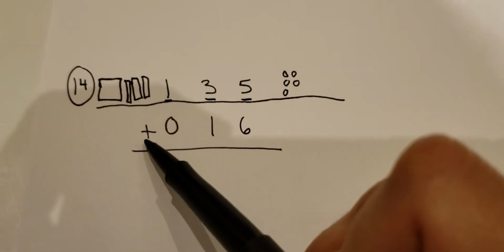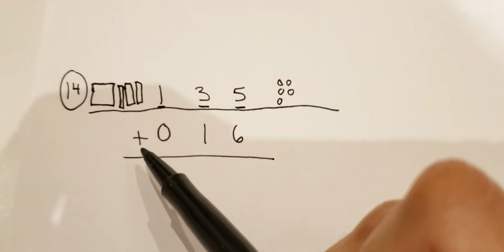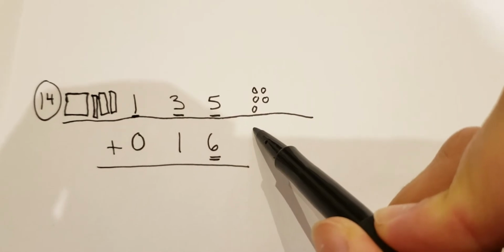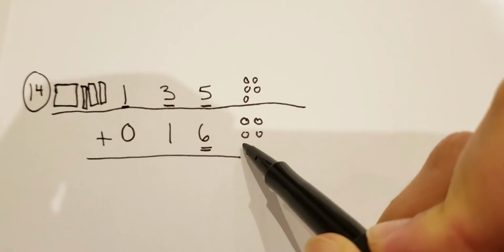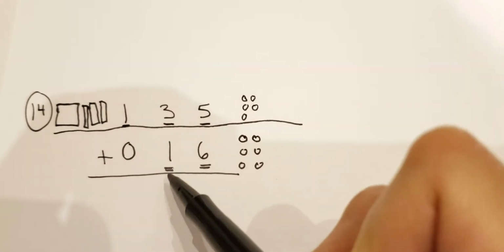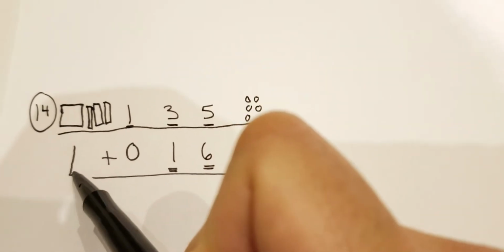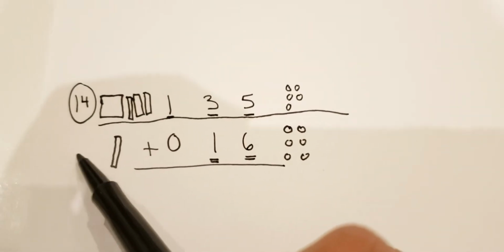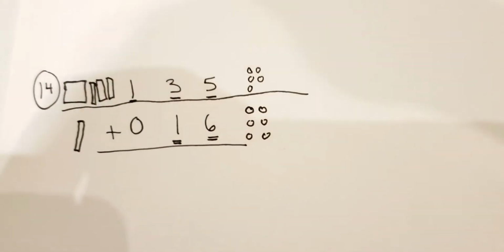Again, this is an addition problem. We have the plus sign. We have 6 ones, so we're going to draw that. 1, 2, 3, 4, 5, 6. Okay. How many tens? 1 ten. And we don't have any hundreds, so we don't need to draw any hundreds base 10 blocks.